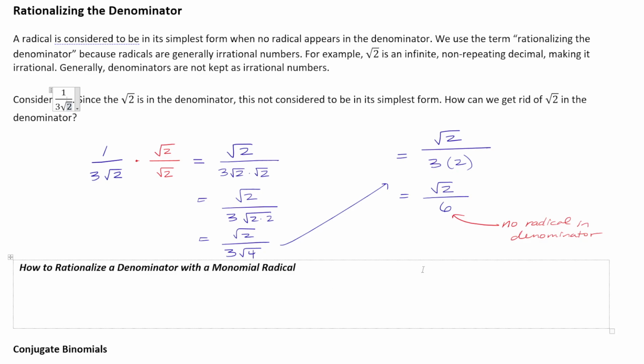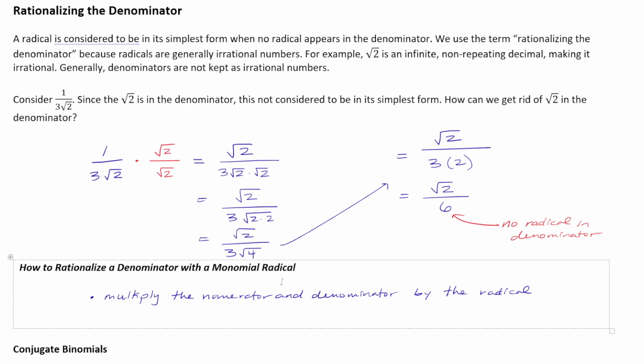So how do we rationalize a denominator with a monomial radical? We multiply the numerator and denominator by the radical.